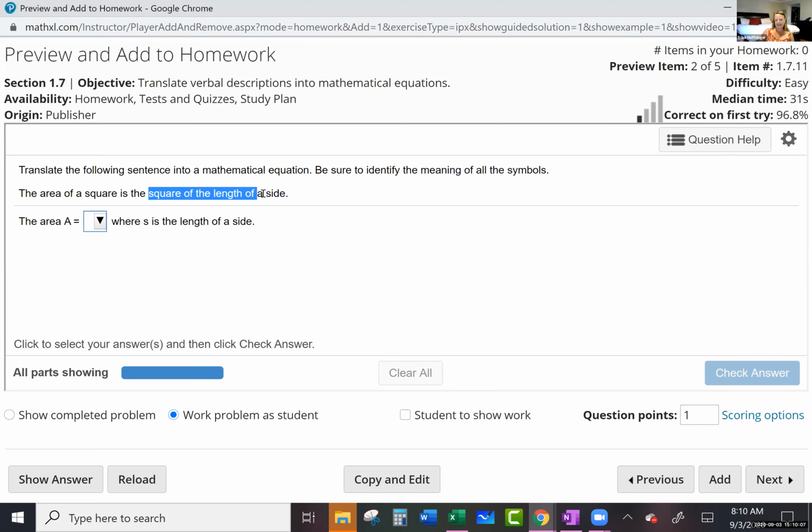So if we let L be the length of a side, it's equal to the square of that. So L squared. They might do S squared in here. It just depends. Yeah, so square is S squared. That one was too easy.